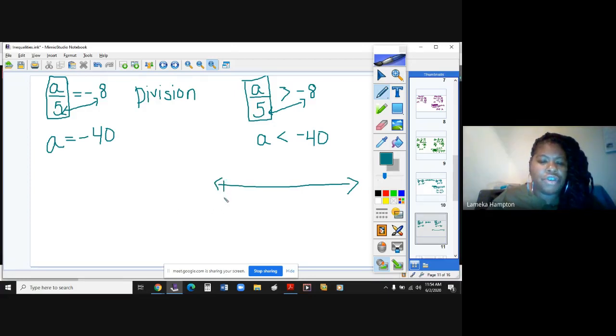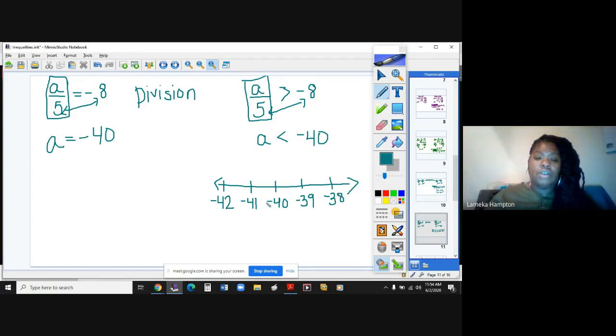All right. So I am going to do negative 42, negative 41, negative 40, negative 39, and I'll do one more number because I'm running out of space. Negative 38. Now, because I'm only dealing with a less than sign, it doesn't have a line under there. My circle is going to be open over negative 40.